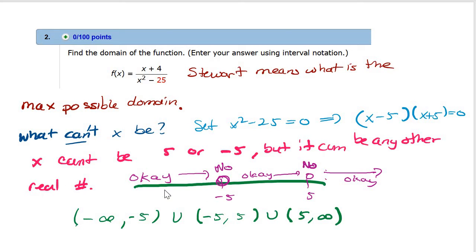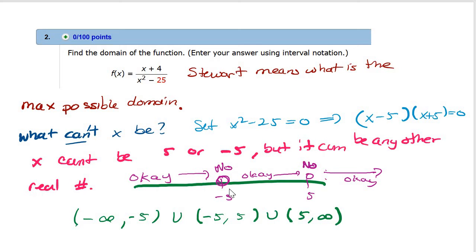If I draw a little number line, I'm okay until I reach -5. I'm not allowed to have that, so I put a circle there. I'm okay between -5 and 5, then I put a circle at 5, and then I'm okay here. If I group that together, the first chunk is from -infinity to -5, but not including -5.